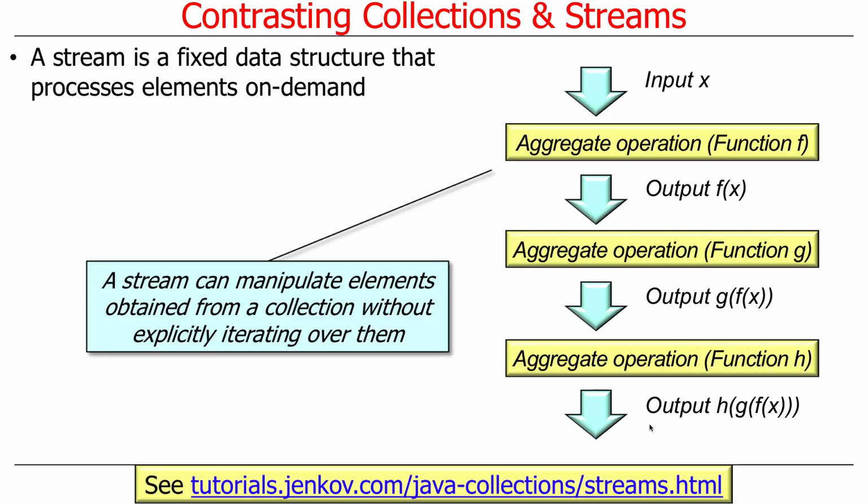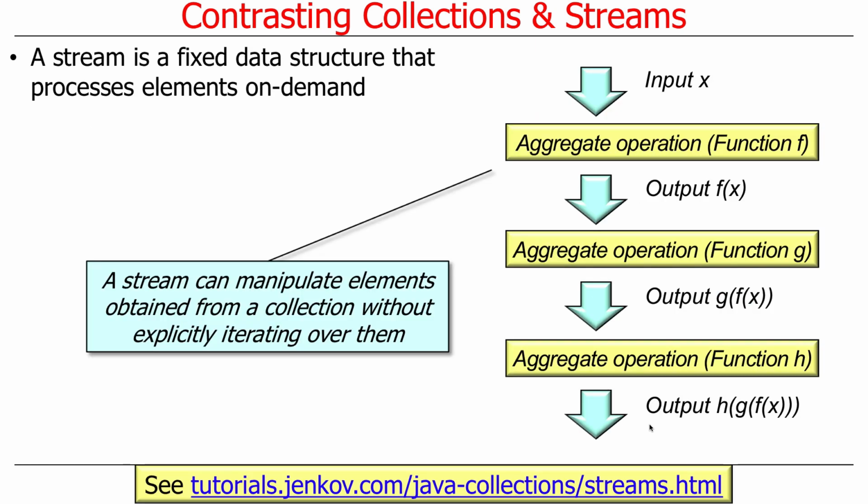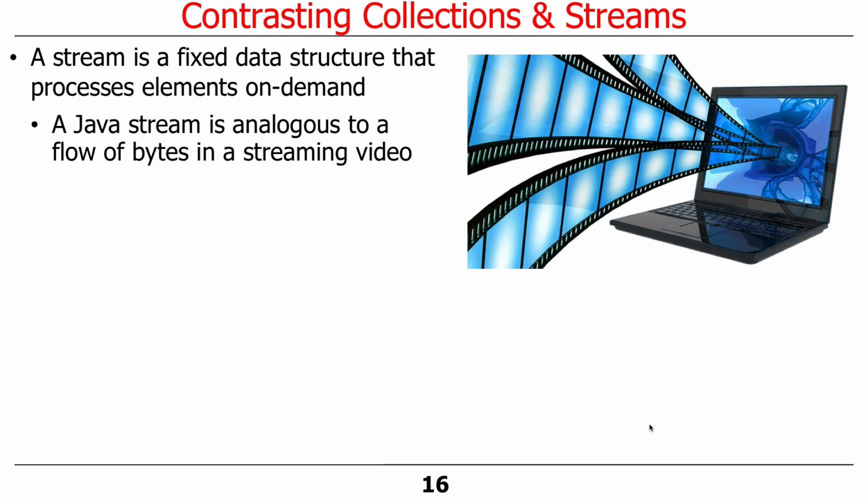So unlike the DVD analogy, where you have everything stored on the disk, and it's all there, which is kind of like a collection, with a stream, it's more like a flow. And as we've talked about in the past, at least in theory, it's an infinite flow, right? So it could go on forever.